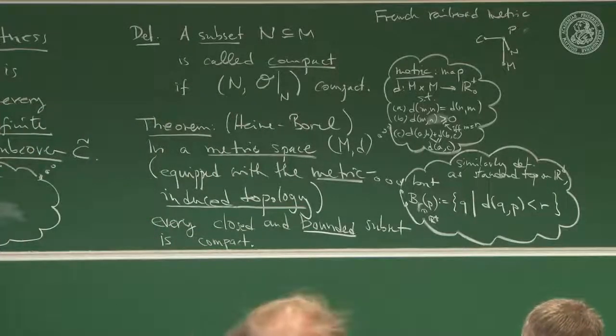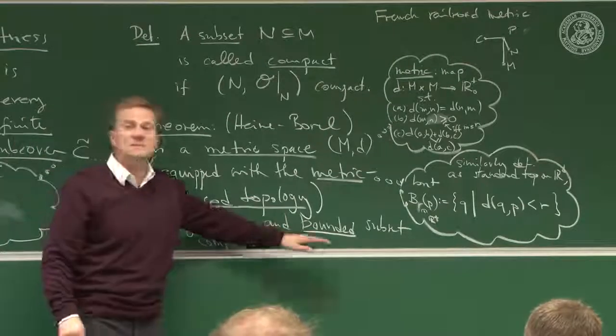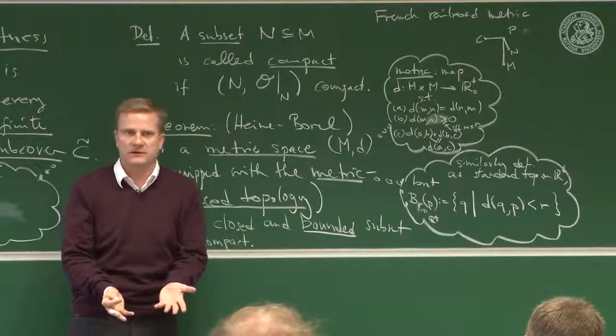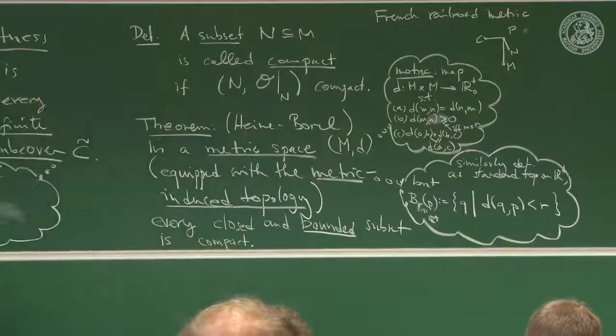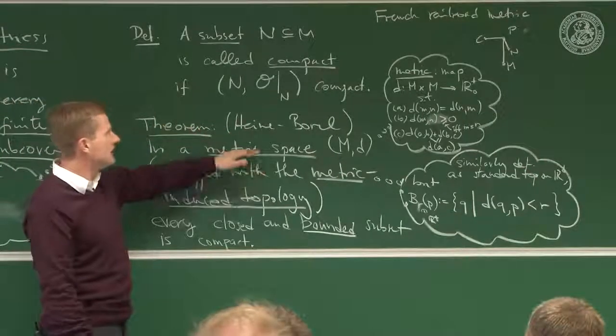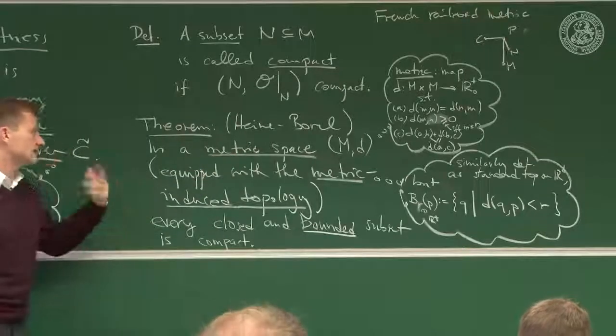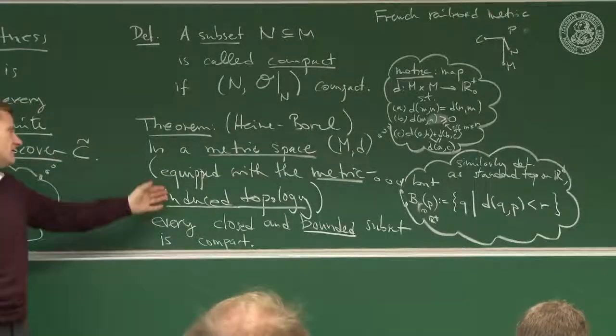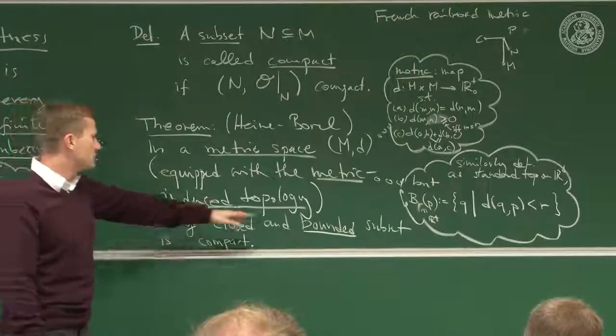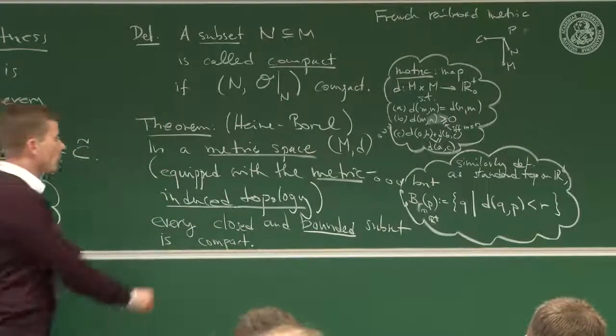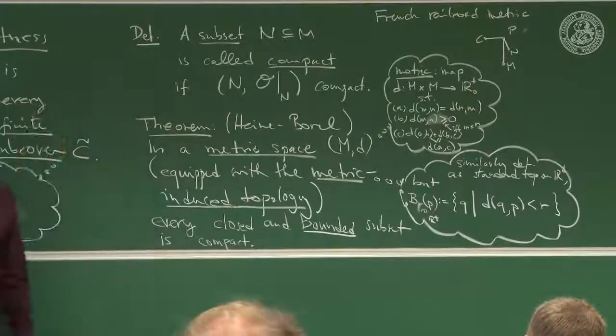If that's a finite number, then the set is bounded. Okay, very intuitive. So after all these definitions have been made, the important thing is Heine-Borel says in a metric space, or a space that can be equipped with a metric, and then you find the induced topology, every closed and bounded subset is compact, with respect to that induced topology, of course.